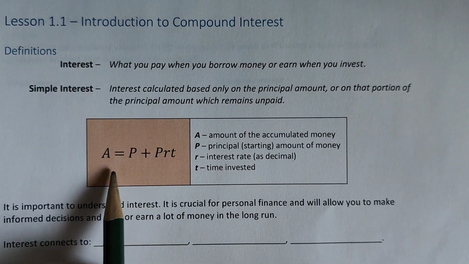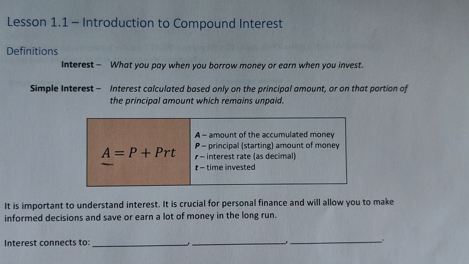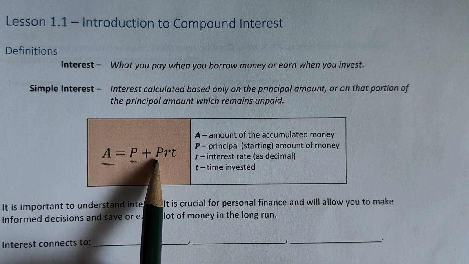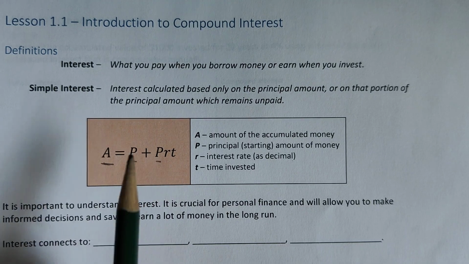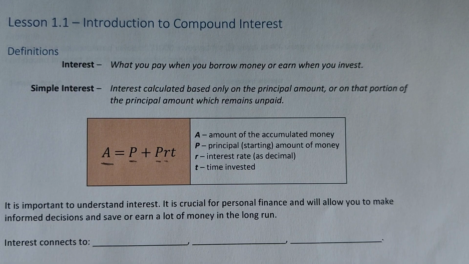The general formula is that the amount of accumulated money owing, to you or to them, is the principal, the starting amount, plus the principal times the rate of interest, which will be given to you as a percentage, but then you have to convert to a decimal.